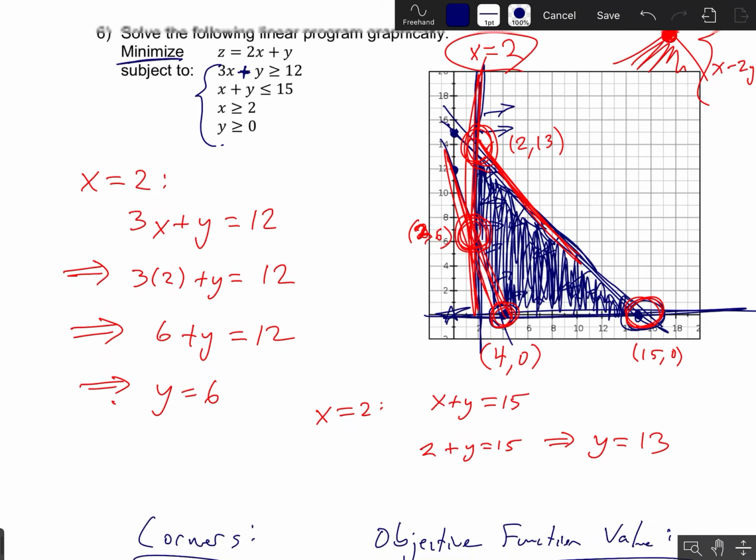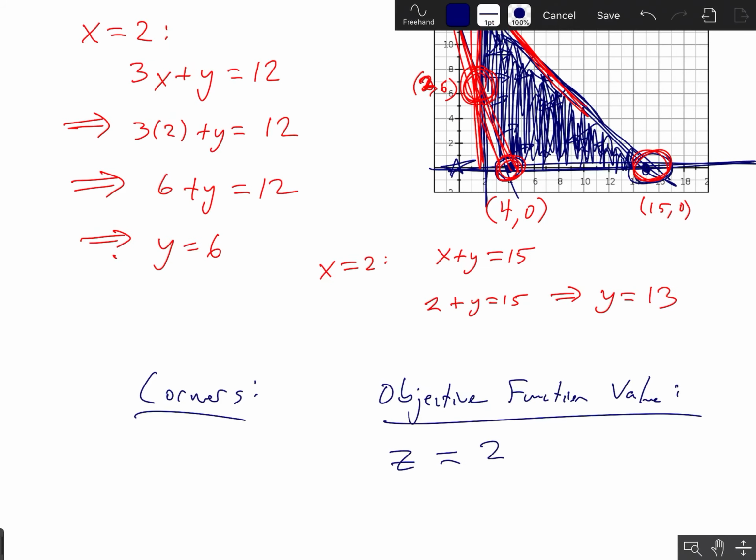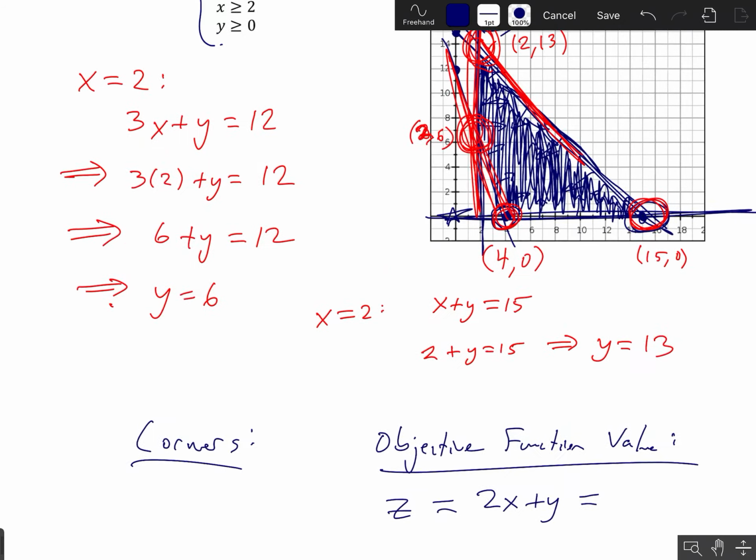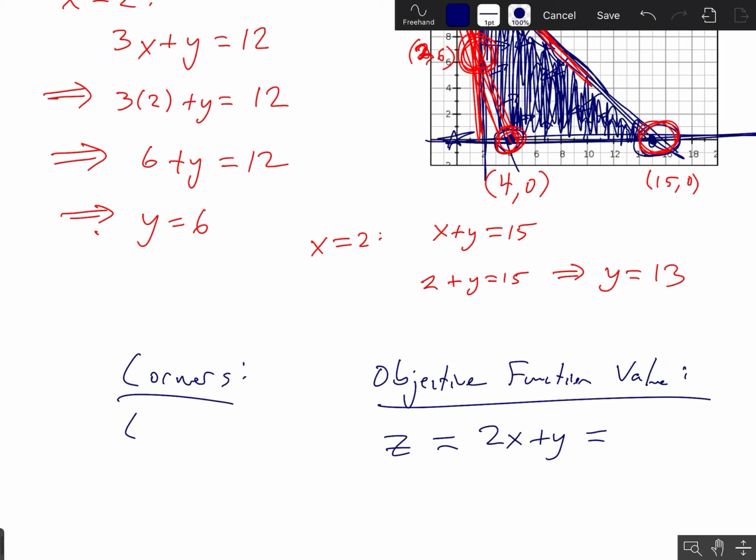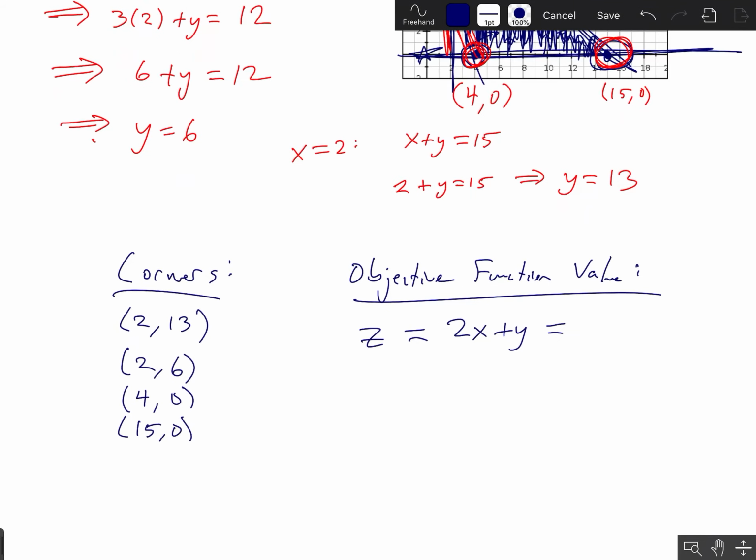And let me just record what the objective function is so that we don't have to keep scrolling up. It was 2x plus y. So now we'll make a list of our corners. Our corners are 2, 13, 2, 6, 4, 0, and 15, 0.